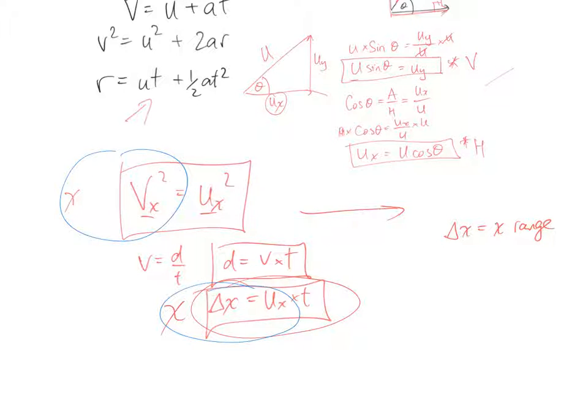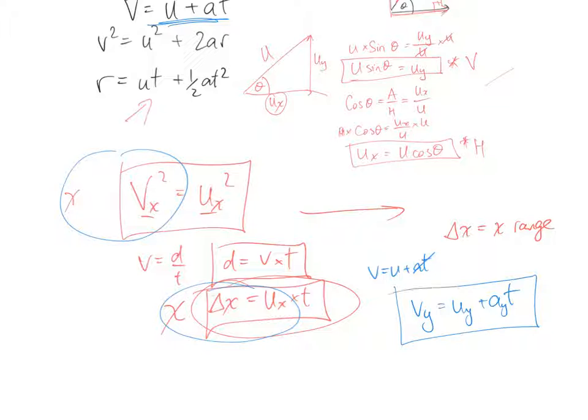We can also use the old formulas. Although a is 0, so you can see where that one goes. Y direction, we have Vy equals Uy plus Ayt. And that's just this formula up here, redone for the y direction.